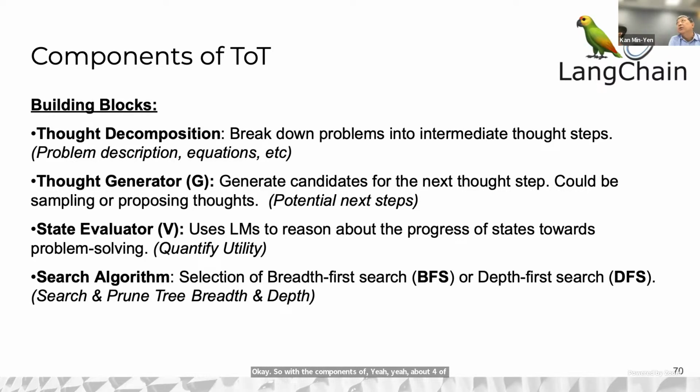Thought decomposition: we break down the problem into intermediate steps. Thought generator: what are the potential next steps going to be? The state evaluator quantifies them. And the last one is whether we do a breadth search or a depth search: how wide and how deep.